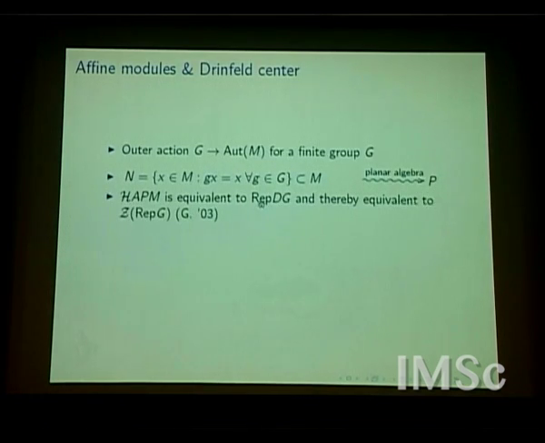And as I showed in the previous slide, the representation category of the quantum double is again equivalent to the representation category of the group, okay, because the group algebra forms a Hopf algebra, right. So it turns out that the Hilbert affine P modules of this particular subfactor is actually equivalent to the center of the representation category of the group.